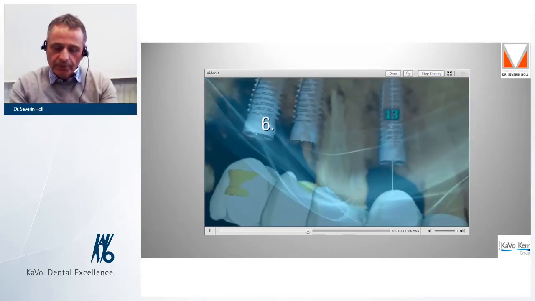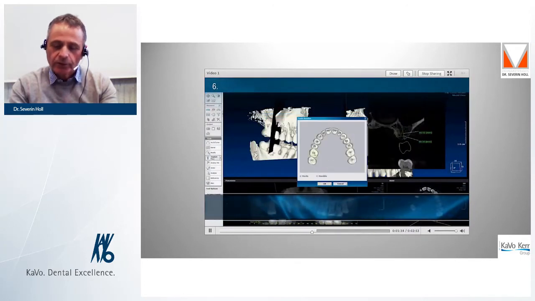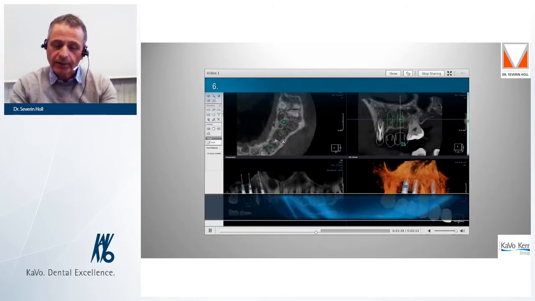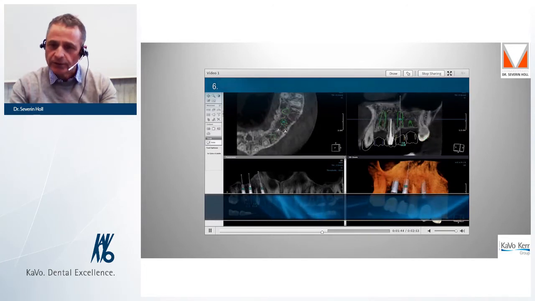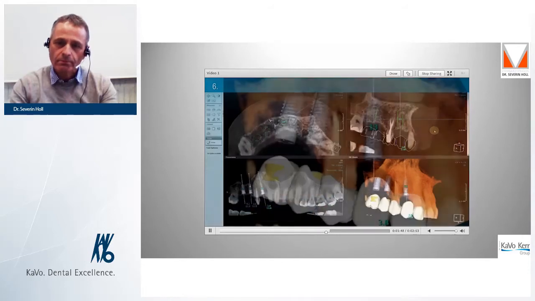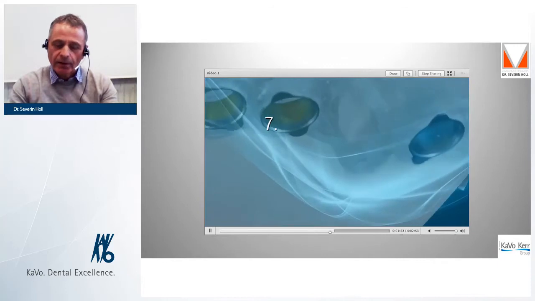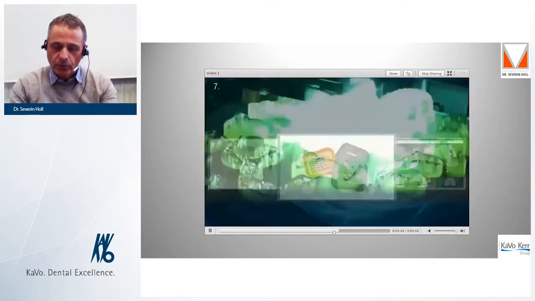In the next step, we are planning the implant position with regard to a correct implant axis. This file of our planning, which we call project, is the basis for the manufacturing of the surgical template. The templates are made with a 3D printer at the company KaVo.